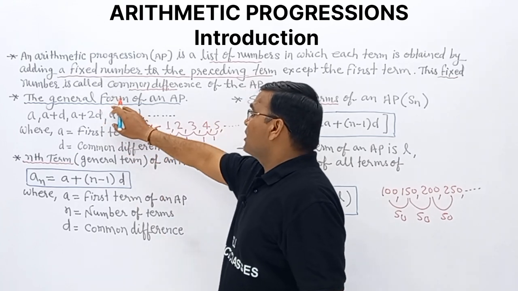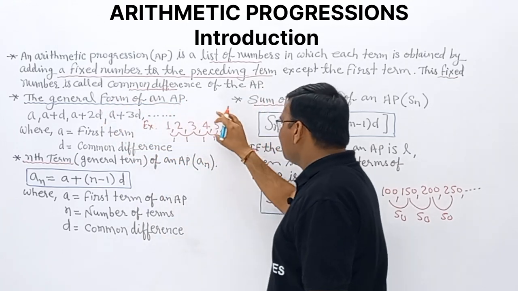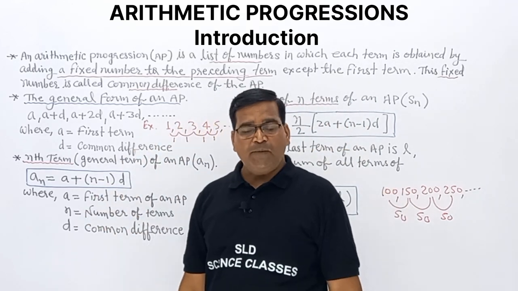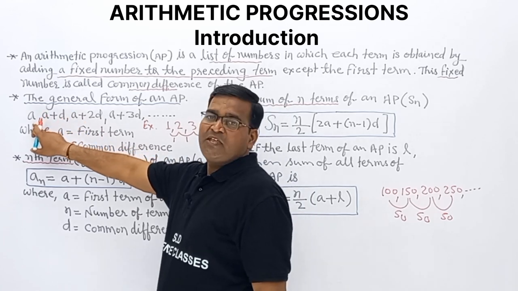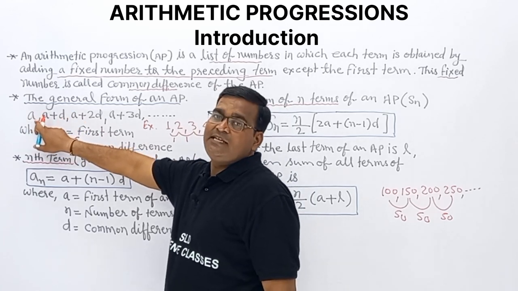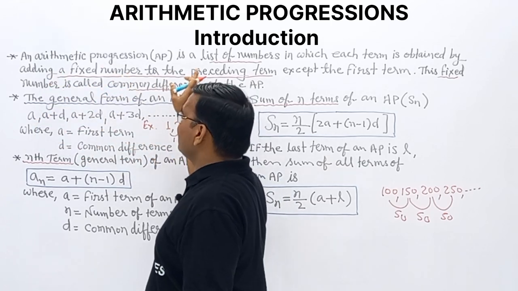Now the general form of an AP. These are examples of AP, but its general form will be what? A is the first term. We are adding a fixed number D to the preceding term.